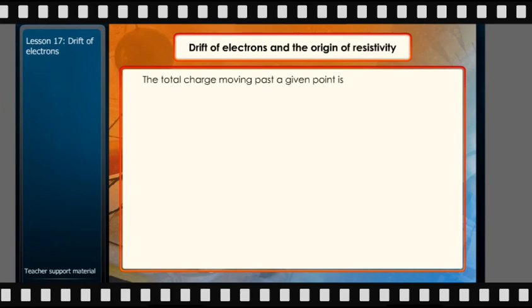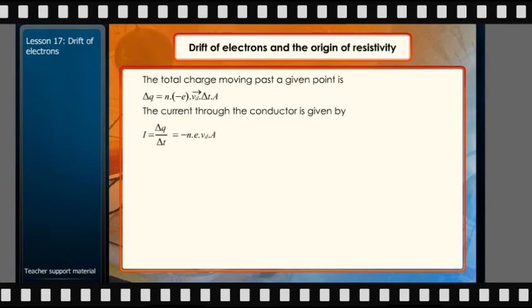The total charge moving past a given point is delta Q is equal to n times minus e Vd delta t A. The current through the conductor is given by I is equal to delta Q by delta t is equal to minus n e Vd A. As Vd is equal to minus e tau E by m, so I is equal to minus n e times minus e tau E by m into A, we get I is equal to n e square tau E A divided by m.